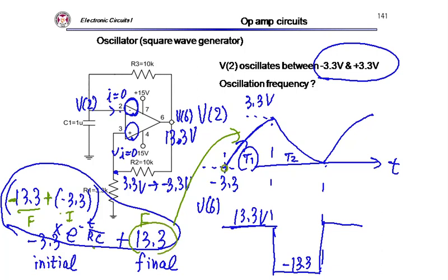So this is t equals 0, minus 3.3. Okay. Then when it reaches 3.3, that should be my T1, right? This is T1. Okay. So you can calculate T1, T2, and then my oscillation period is just this one.